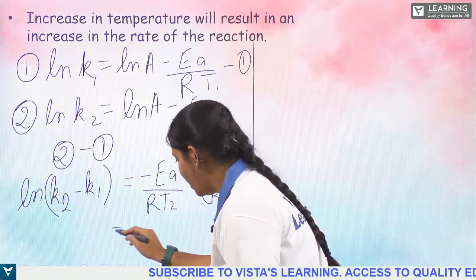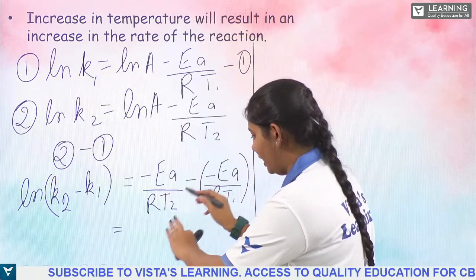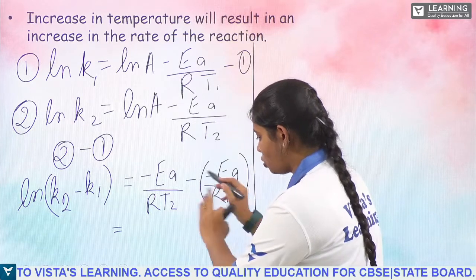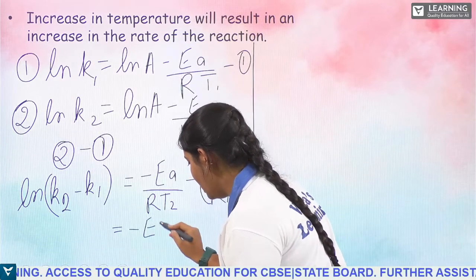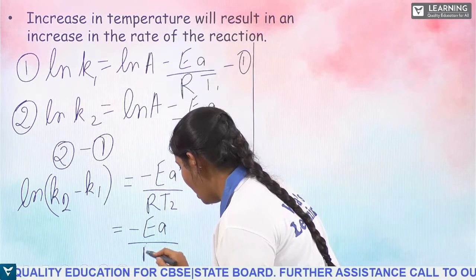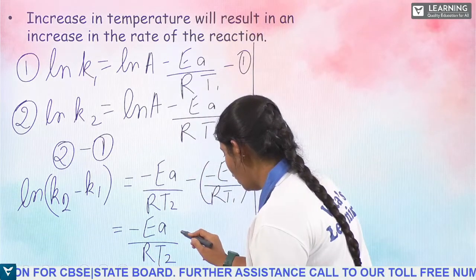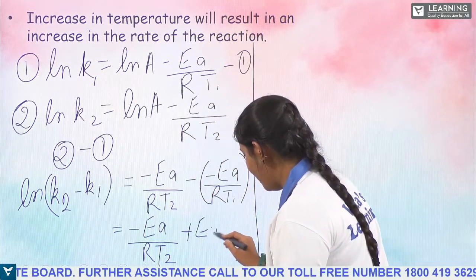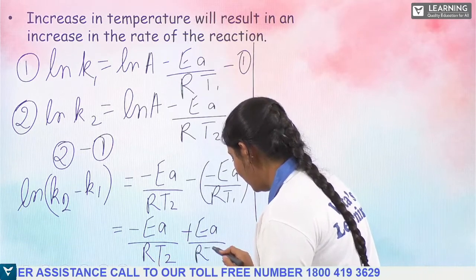So here it is minus EA by R T2, and here minus and minus becomes plus, basically EA by R T2 plus EA by R T1.